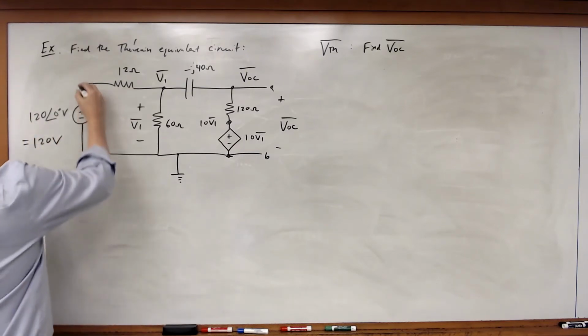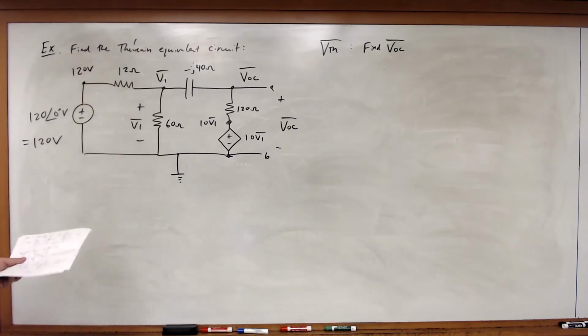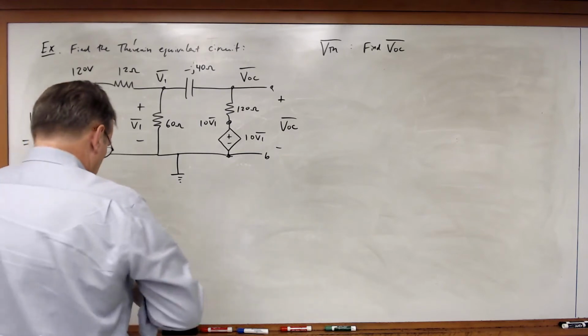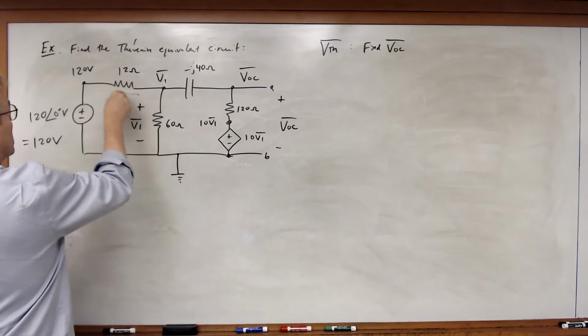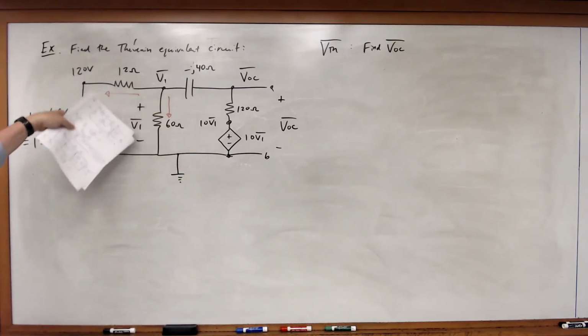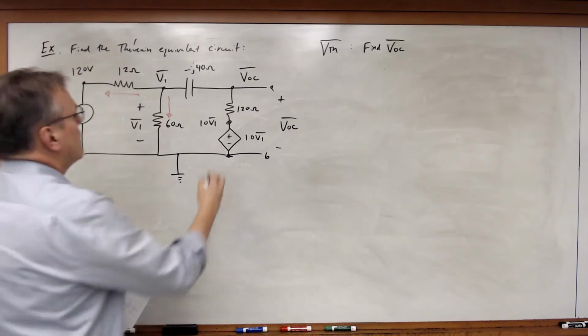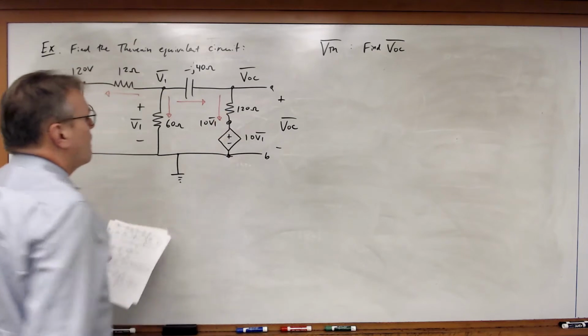And therefore, I've got 120 volts at that node. Now I write my KCL equations. And so in this case, I'll pick my current direction going this way. Obviously, I don't want to fight that V1. And this way. And this way.